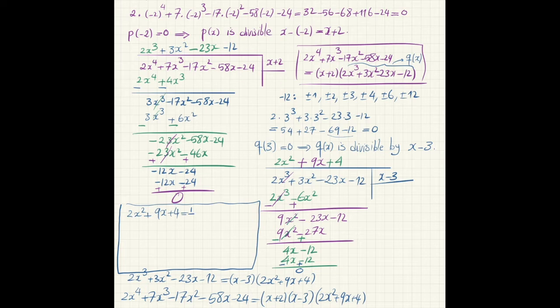So if you remember, I multiply everything by 2, so it becomes 4x^2 plus 18x plus 8. Then I take the common term 2x to the power of 2, then I will have 9 times 2x plus 8. And then I would write 1 over 2. I will put 2x in 2 pairs of brackets, and I will ask myself, I need two numbers whose sum is positive 9 and the product is 8.